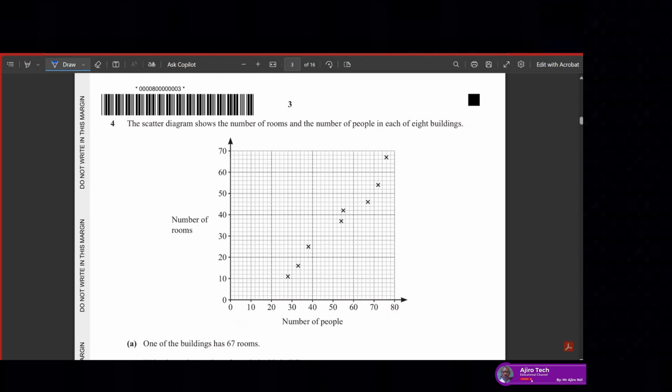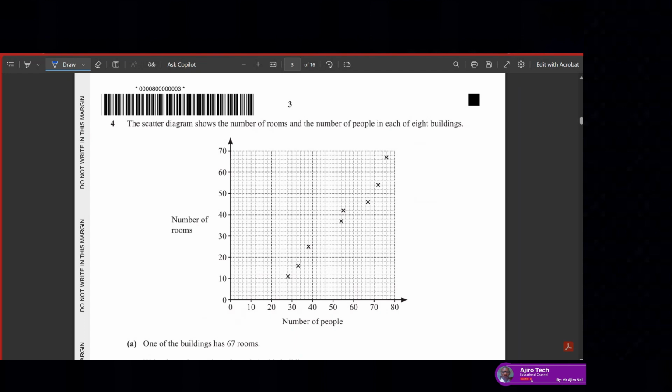An example is if a student is doing well in physics, will the student do well in maths? You can check that by taking maybe the score of like 10 students in physics and their score in maths. Then we plot it to see if there's a correlation.